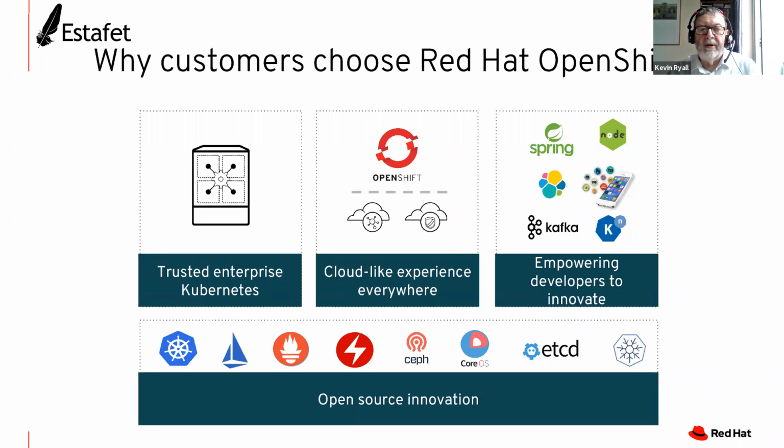It gives a cloud-like experience, but there's also a lot of things that empower developers. And the things at the bottom show that Red Hat is committed to these open source innovation projects, and they sort of pay it forward, if you like, into the open source projects, and then they take those open source projects and harden them and use them in the OpenShift products that they provide.